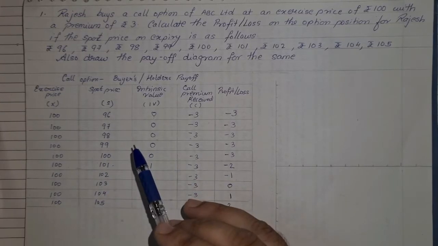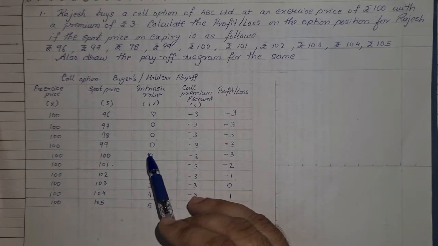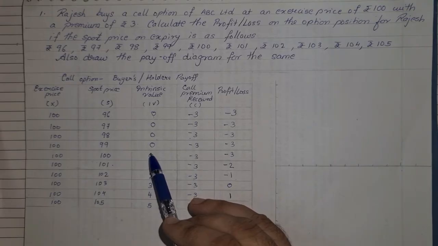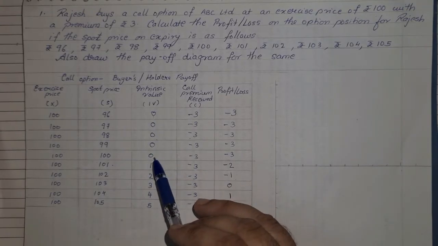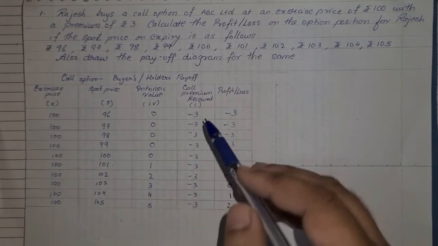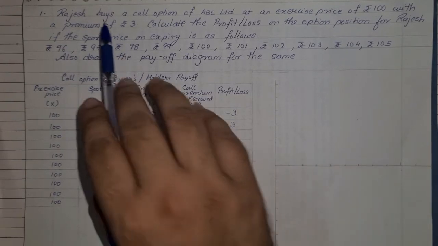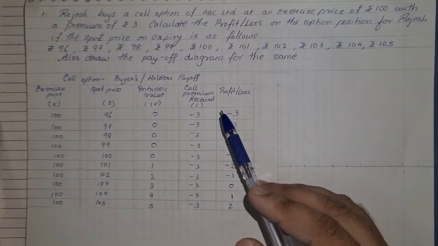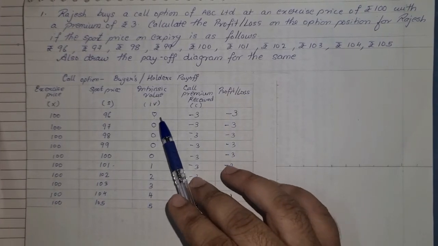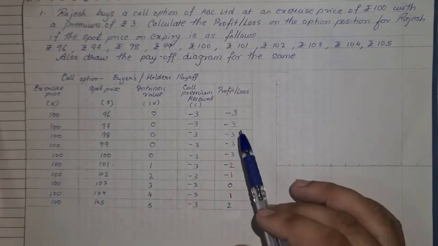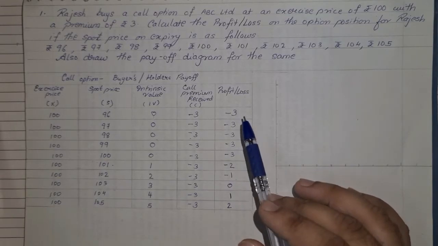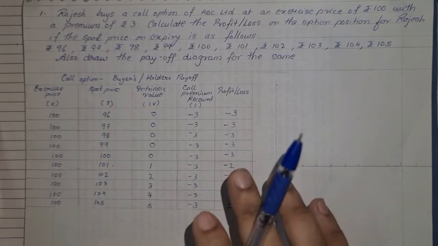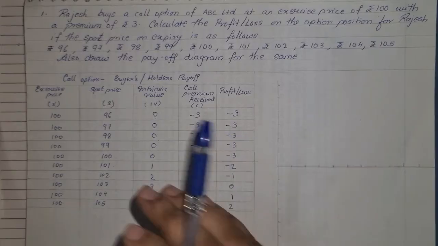But always remember, any spot price below the exercise price will always give 0 and only after that it will be a positive difference. The call premium will be negative since it is a buy option. Whenever you buy, you're going to pay for it, so the premium is negative. The intrinsic value plus the call premium is your profit and loss. So this is how we prepare the payoff table of a call option.